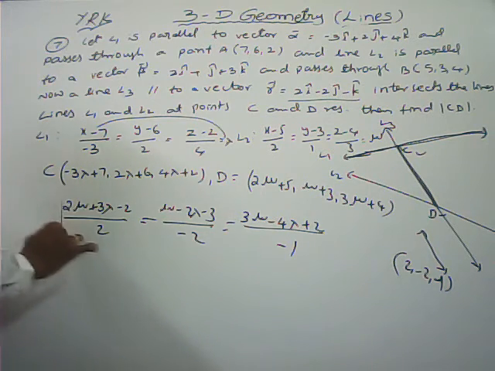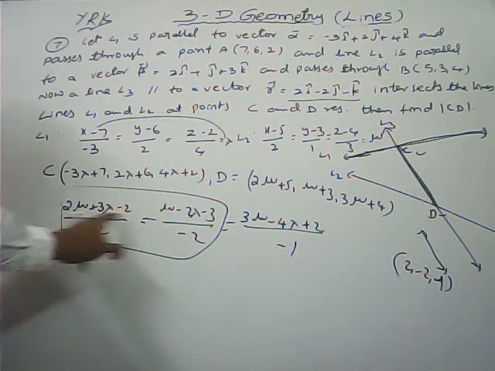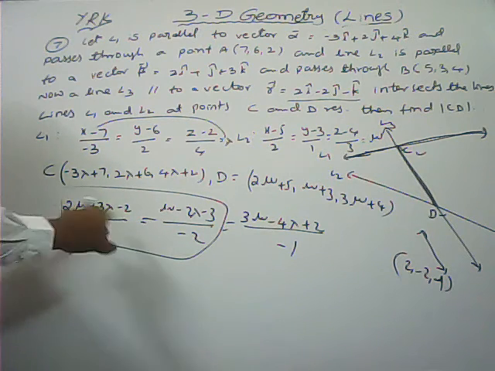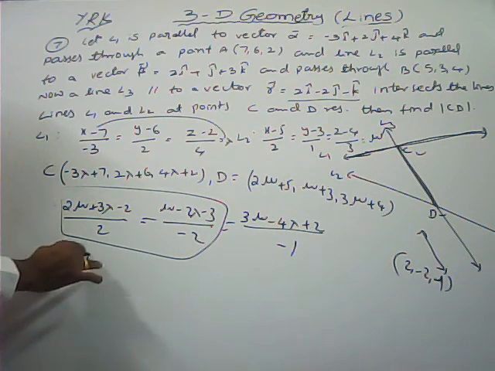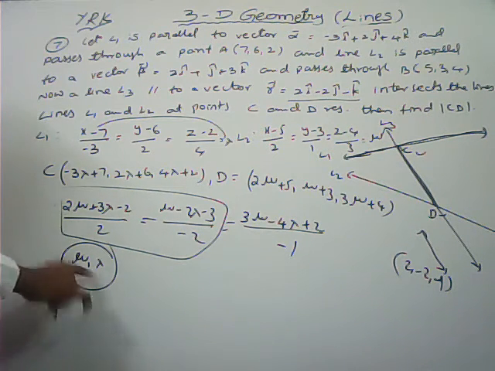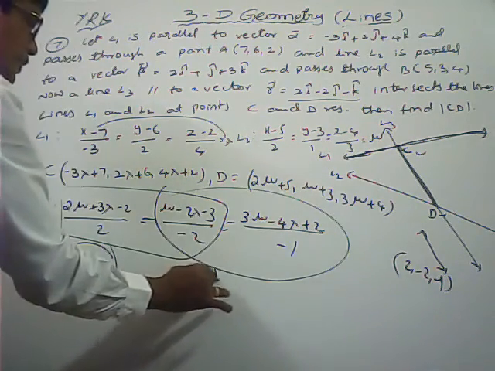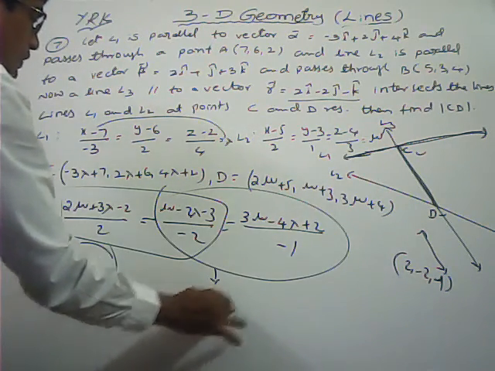Now I will say how to do this. By equating these two, take the cross multiplication and simplify. Here we get a linear equation in terms of the two unknowns mu and lambda. By equating these two, here also we get one equation in terms of mu and lambda.